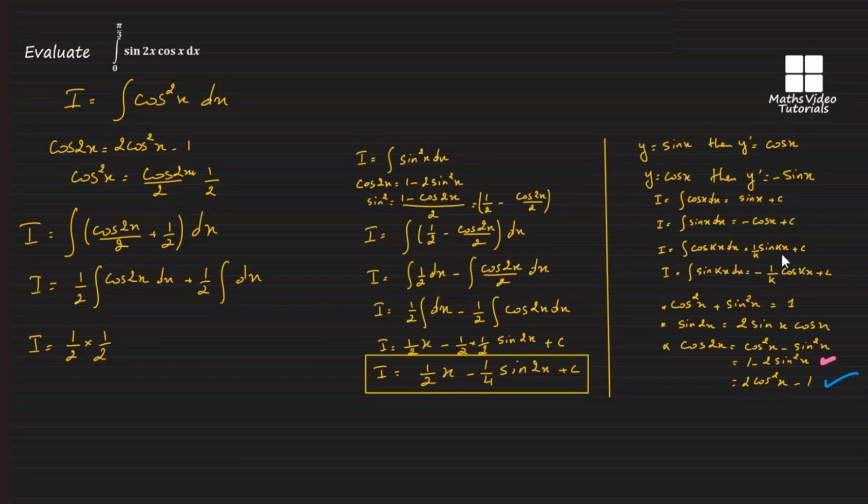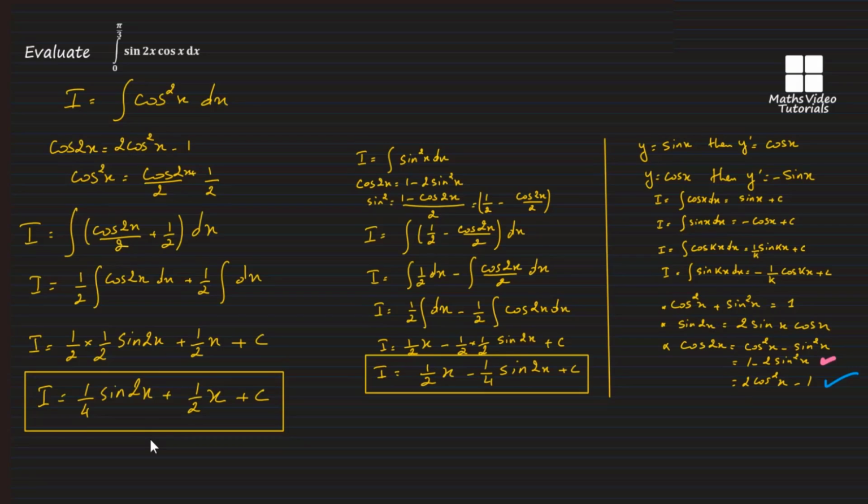Here is sine kx, k is equal to 2, so therefore sine 2x, you get the idea. Plus a half x, and plus that constant c, let's not forget about that one. Let's calculate here, it is going to be a quarter sine 2x plus a half x plus c, and that is the answer. And I hope that you have got the same answer as me.